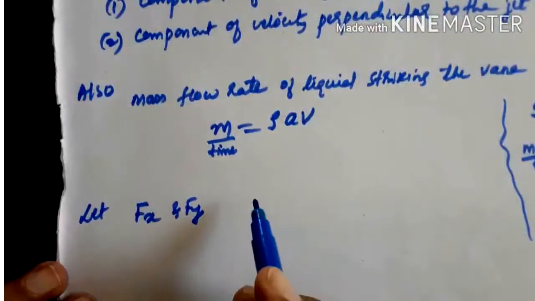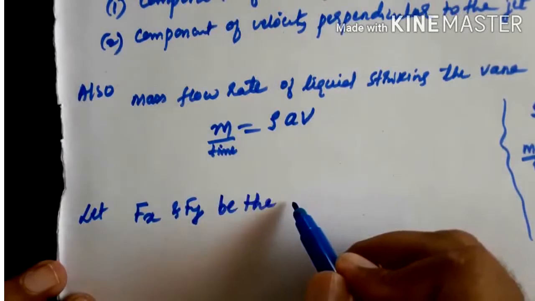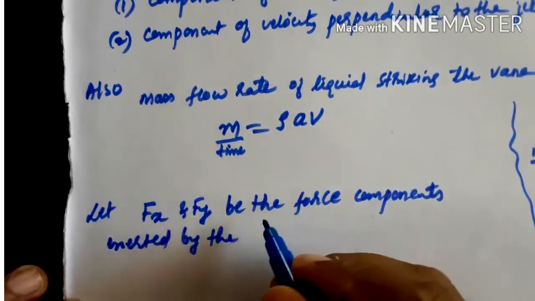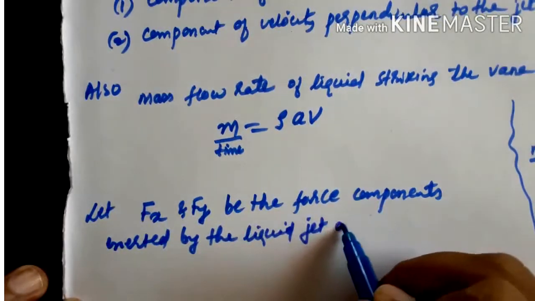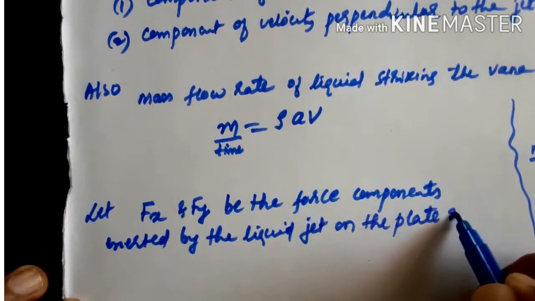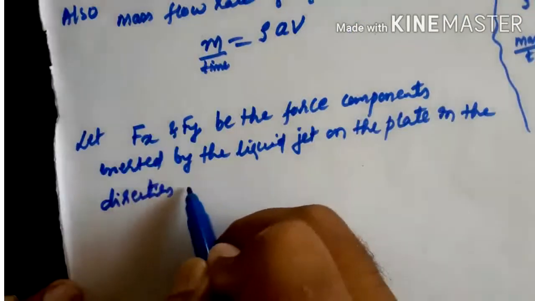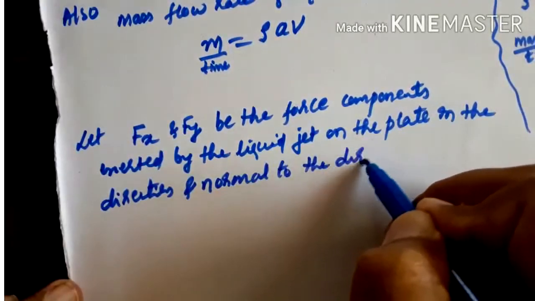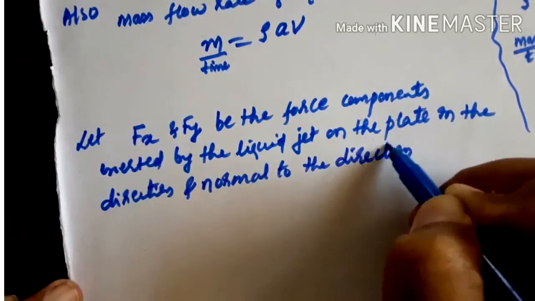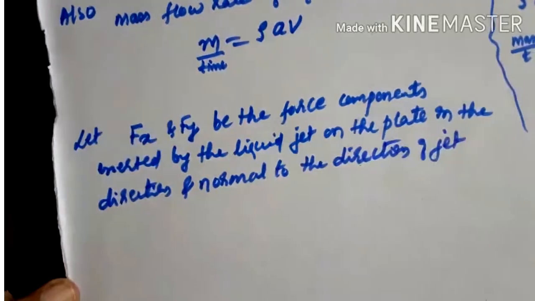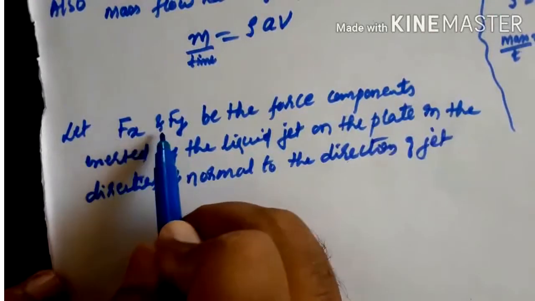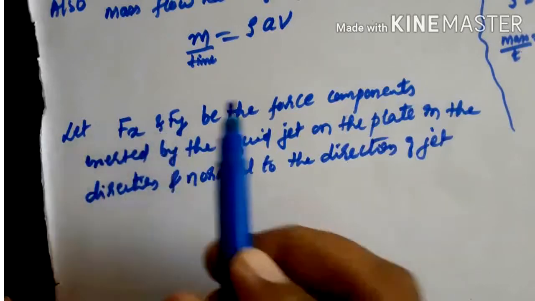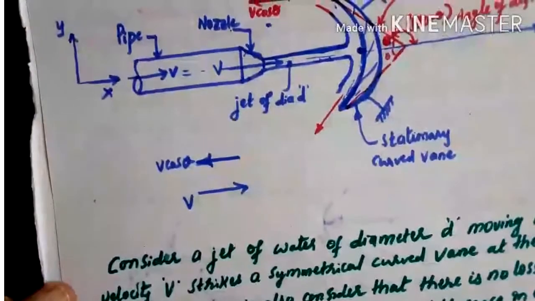Let Fx and Fy be the force components exerted by the liquid jet on the plate in the direction and normal to the direction of jet. One is acting in the direction of jet, the other is acting normal to the jet.